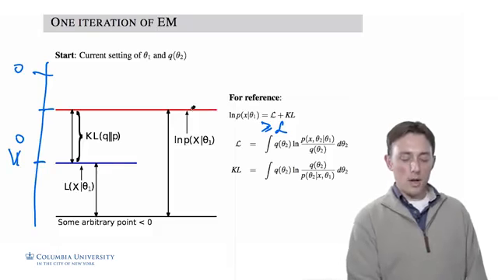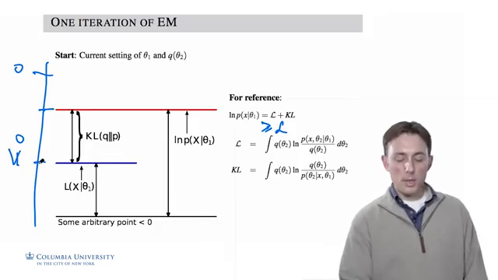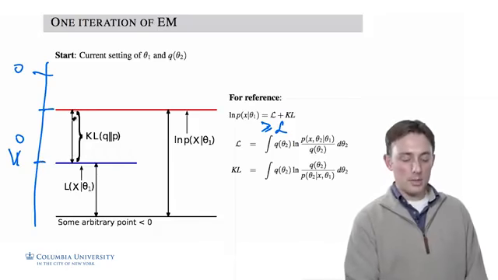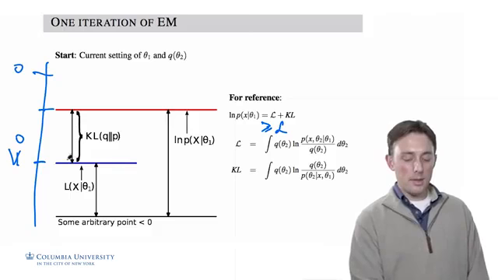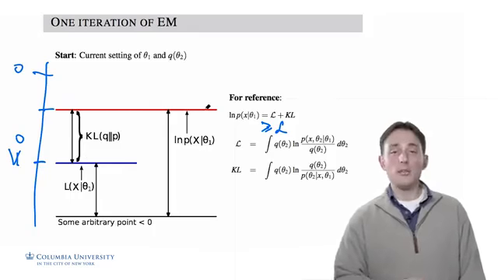So we have the log of p of x given theta 1 is here. That's equal to this term L plus the KL, which is a positive term. So this is the KL term. I sum this value plus the KL value, and I get the log of p of x given theta 1.